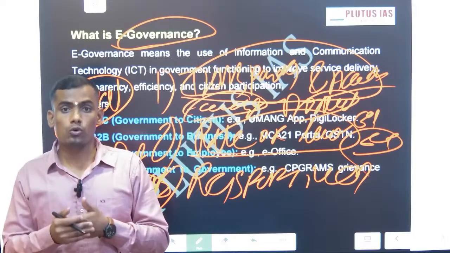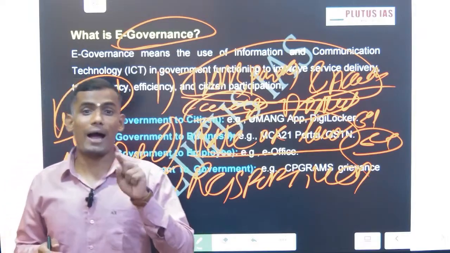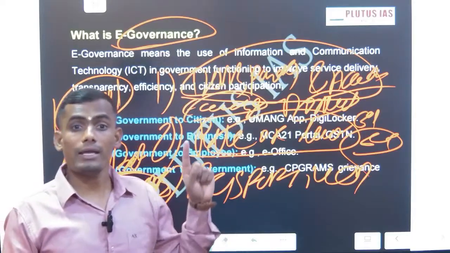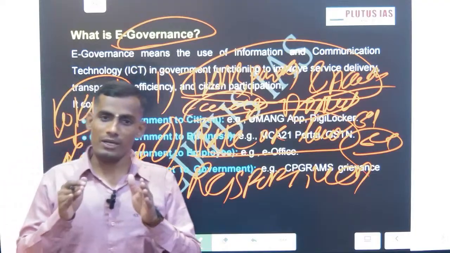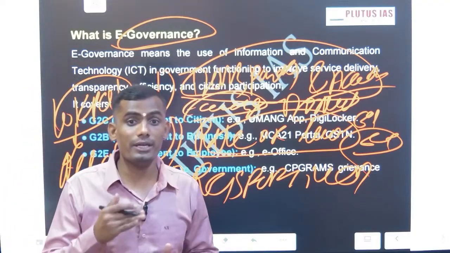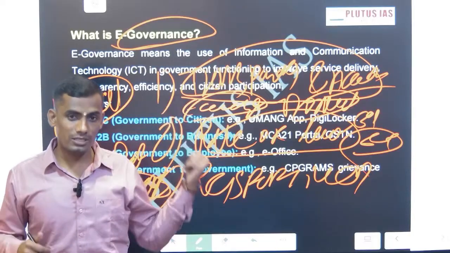This helps to uphold the rule of the law. This is happening because of the use of ICT by law enforcement agencies. This is the third application of why we need e-governance.